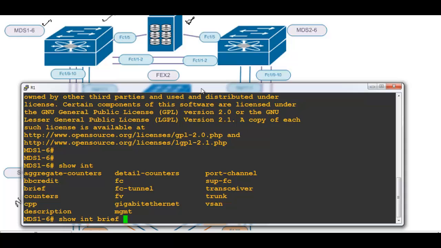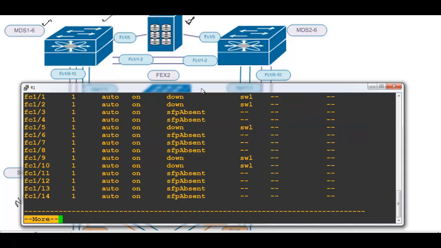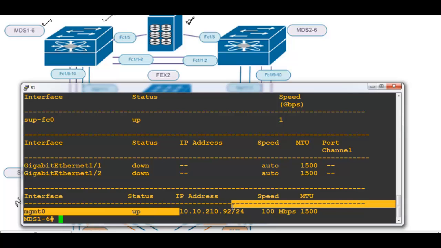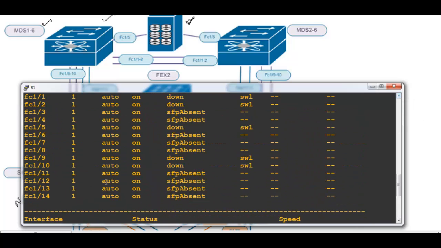I can see that there are 14 interfaces: one management interface having an IP address, 2 gig Ethernet interfaces, and 14 FC ports.